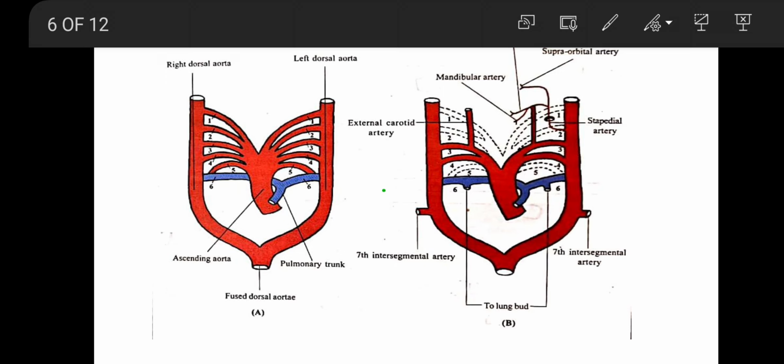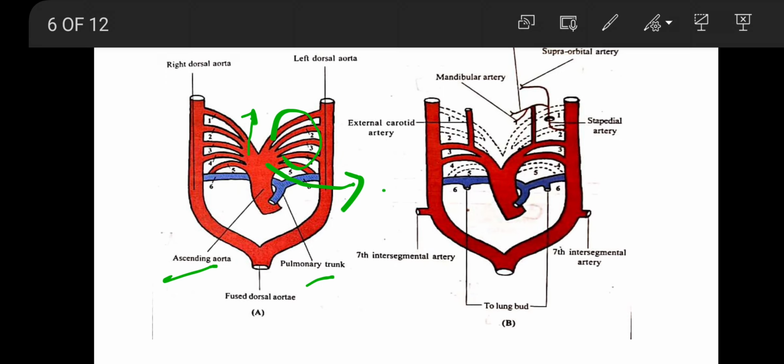So another picture showing the first 5 arterial arches. Here we have the truncus arteriosus divided into the ascending aorta and the pulmonary trunk. Here we have the aortic sac, the right and the left horn of the aortic sac.